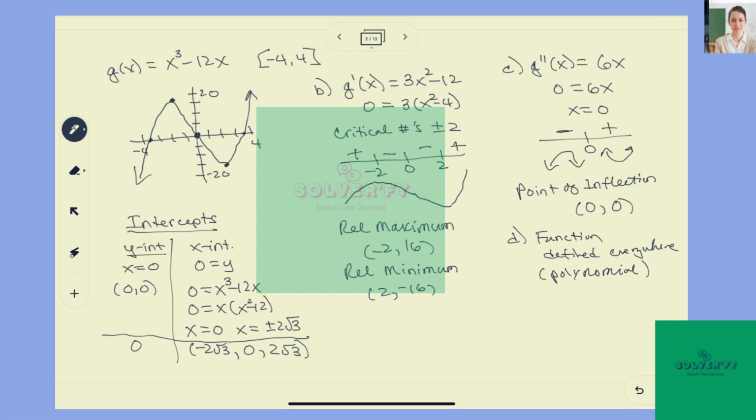The behavior at infinity: as x goes to positive infinity, g of x is going to go to positive infinity. As x goes to negative infinity, g of x is going to go to negative infinity. We know that because our ends are going up and down.